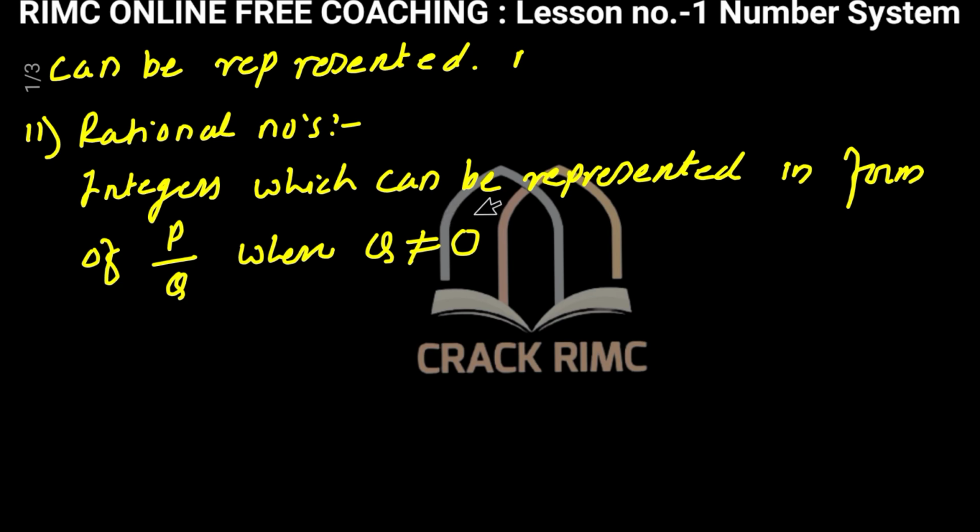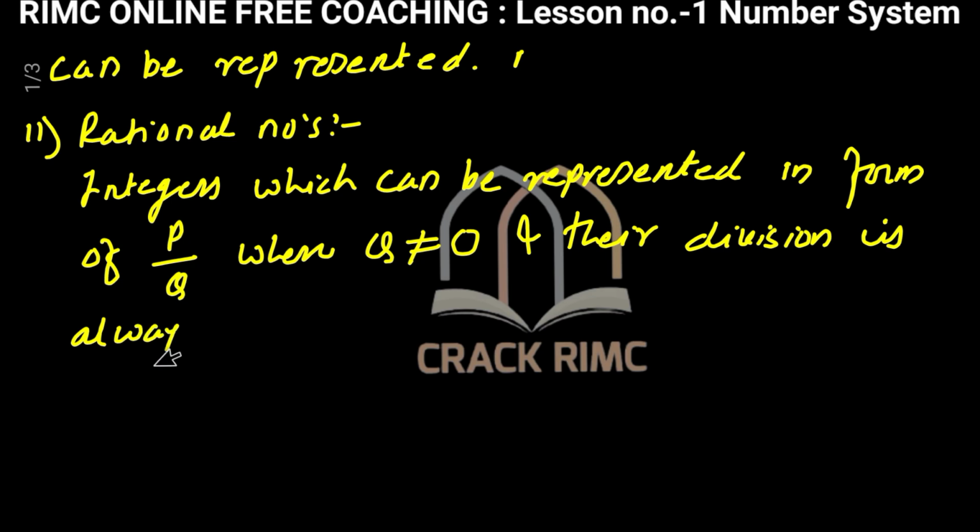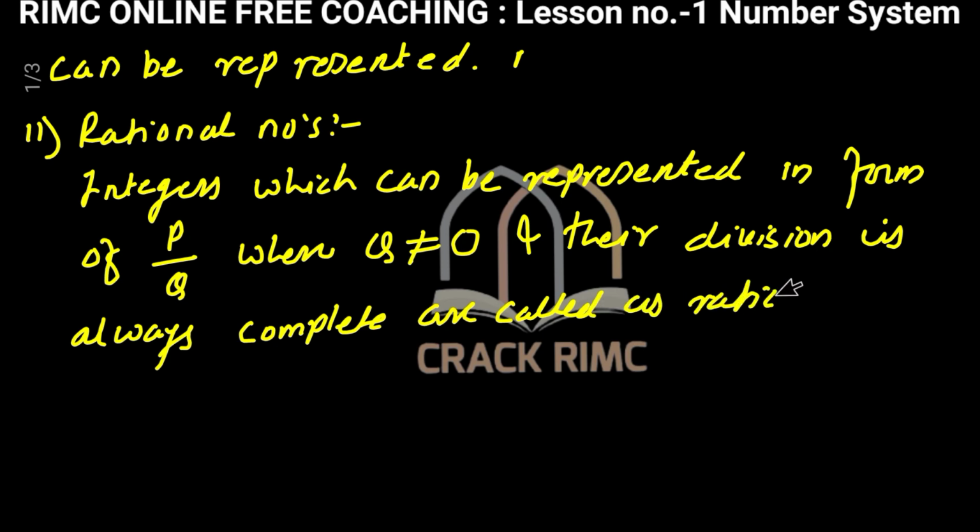Okay, and their division is always complete, are called as rational numbers.